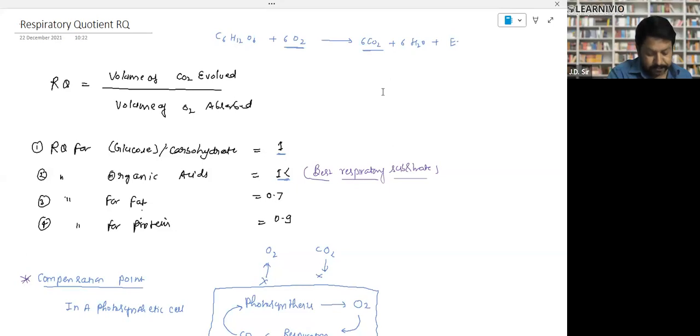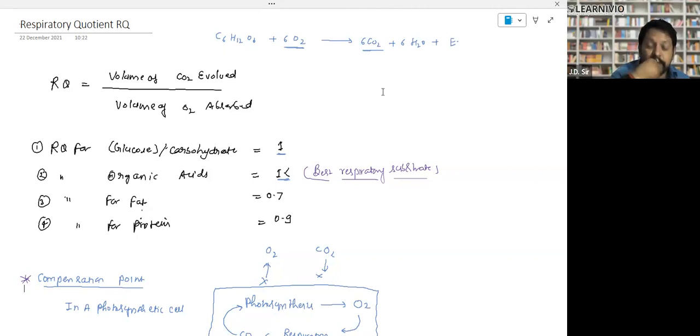The respiratory quotient is the ratio of the volume of carbon dioxide produced to the volume of oxygen consumed in respiration over a period of time. Full stop.